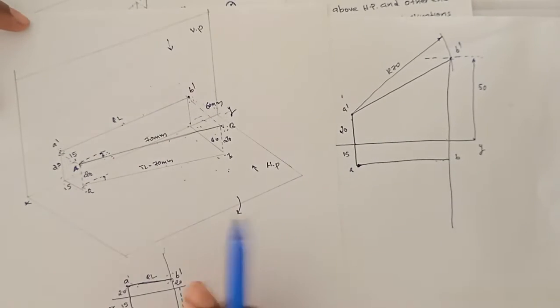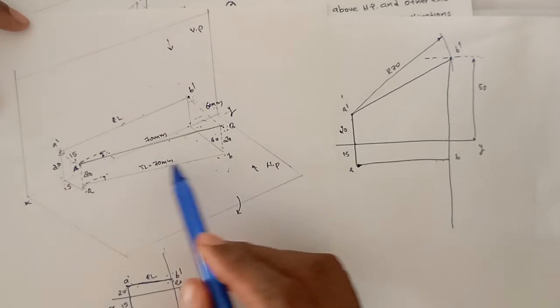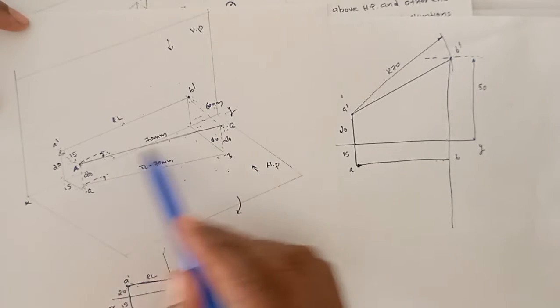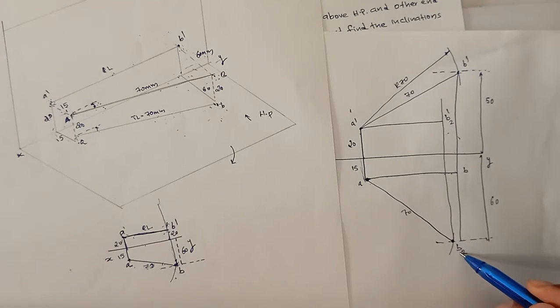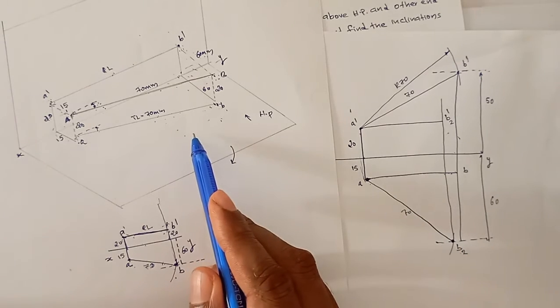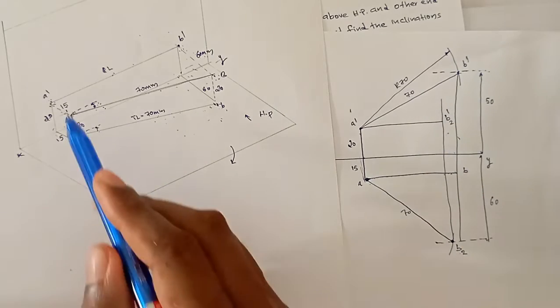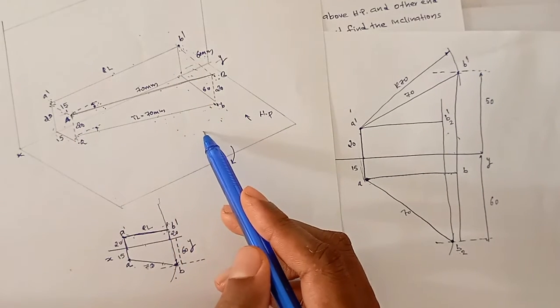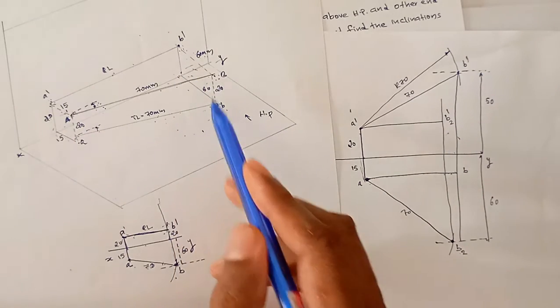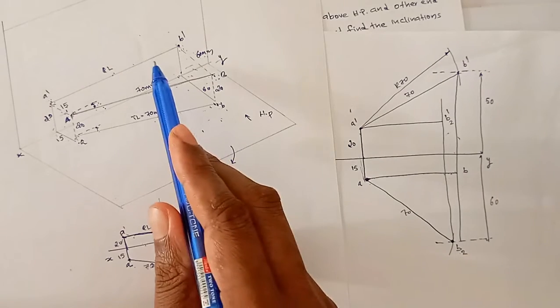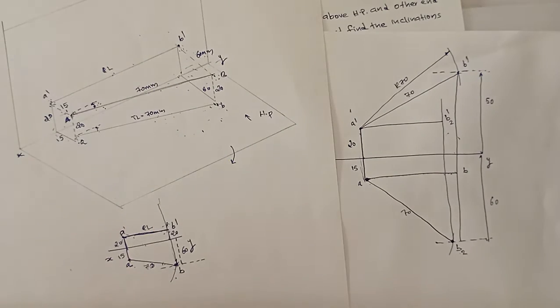Comparing the same question, now we rotate the line A. Here this is B2, the top view true length when the line is parallel to HP, and this A dash B2 dash is the front view of the second case, when the line is parallel to HP and inclined with VP. So we got two reduced lengths.